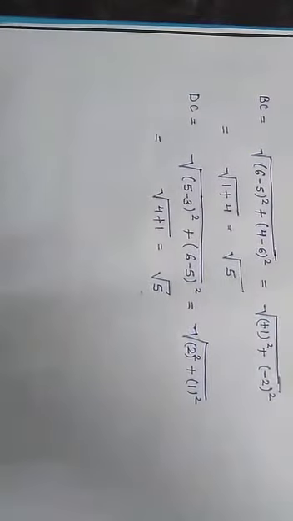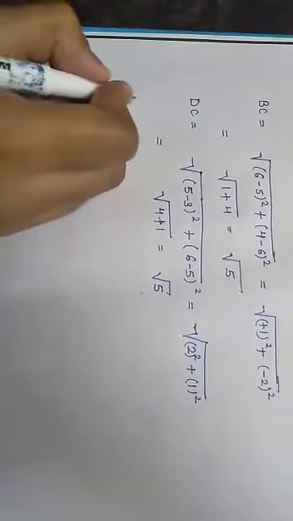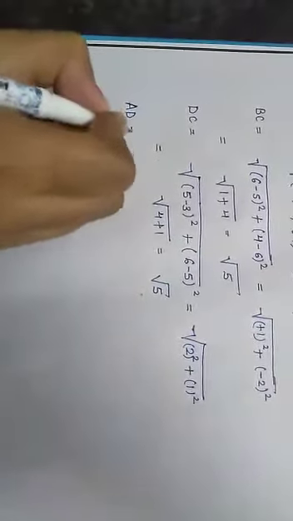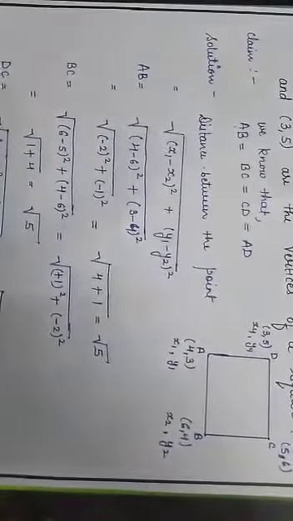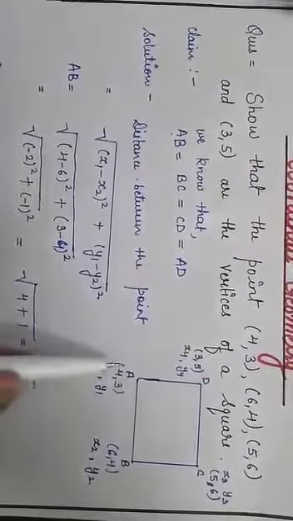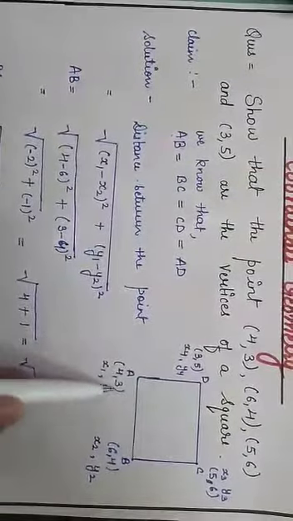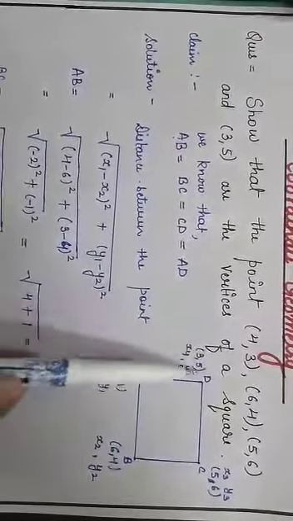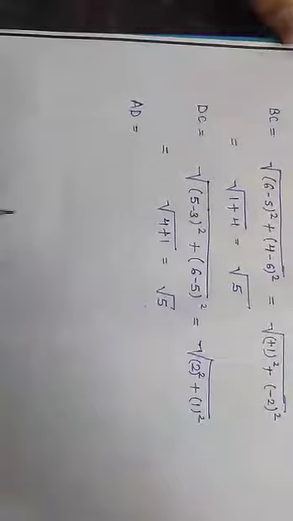Then after finding this, we have to calculate the length of AD. AD is: x1 is 4 and y1 is 3, and x4 is 3 and y4 is 5.